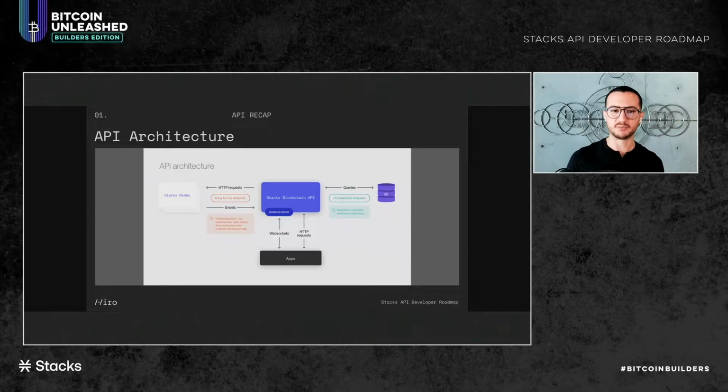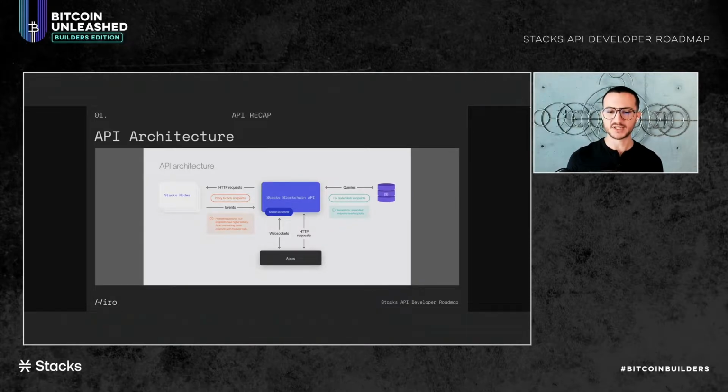This is a very brief diagram of the current API architecture. As you can see in the center, we have the blockchain API that consumes events from Stacks nodes. These events, again, are everything that happens on the chain, so blocks, microblocks, transactions, etc. We then take those events and we put them in a database, as you can see on the right-hand side.